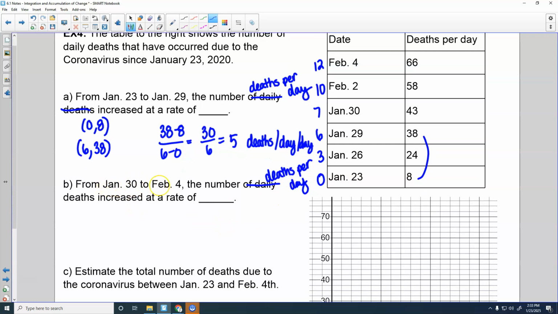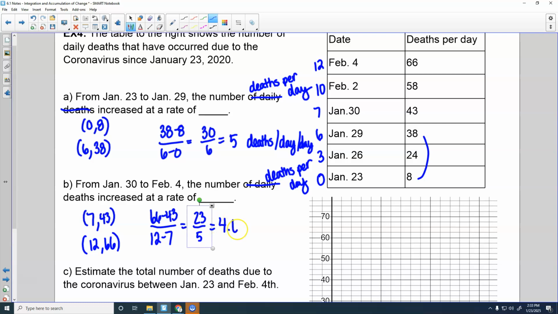Between January 30th and February 4th, you would be looking at the points (7, 43) and (12, 66). So we do 66 minus 43 over 12 minus 7, which is 23 over 5, which is going to give us 4.6 deaths per day.